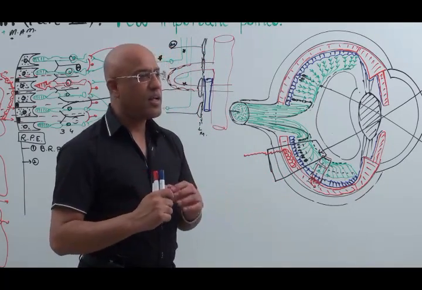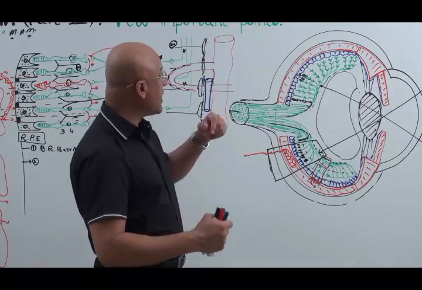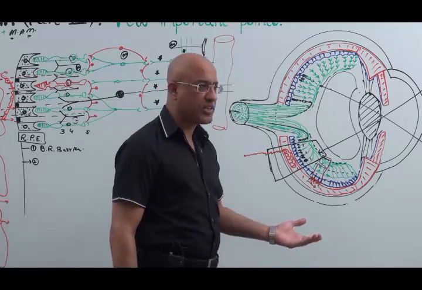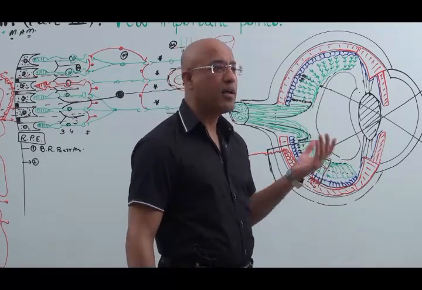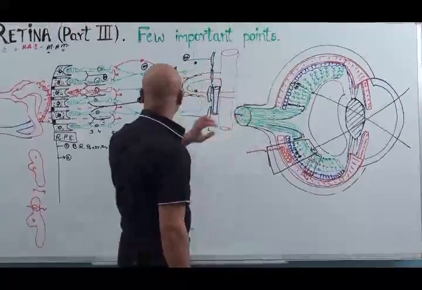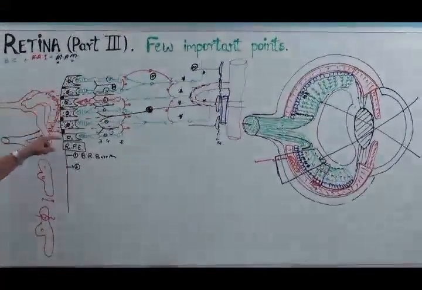Is that right? Now, another example is albinos. Albinos are persons who don't make melanin, and in albinos, the retinal pigment epithelium does not have melanosomes.